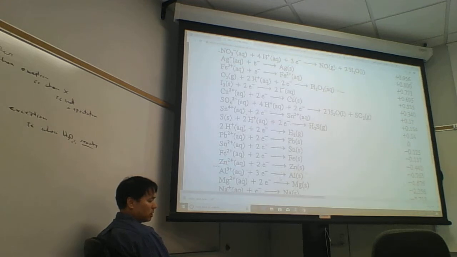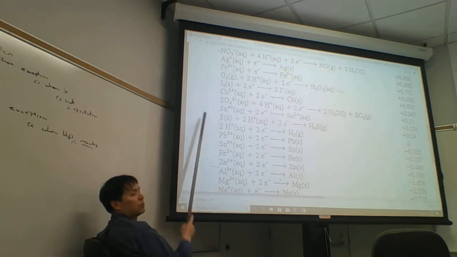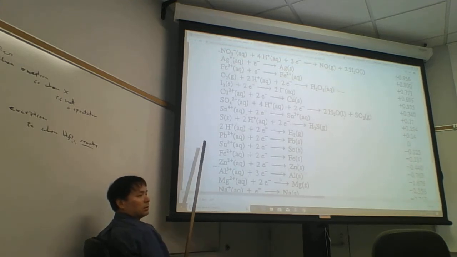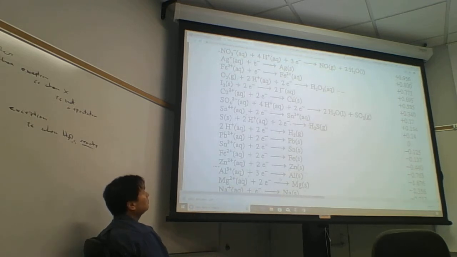Minus. What charge is tin? Plus. So which one wants more? Plus 2 or plus 4? Plus 4. Why? Because they're higher what? Yeah, higher charge, higher positive charge.